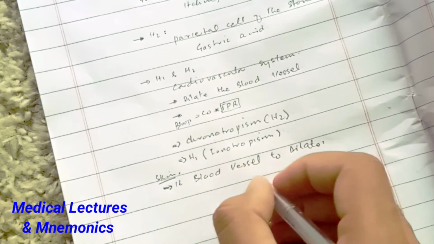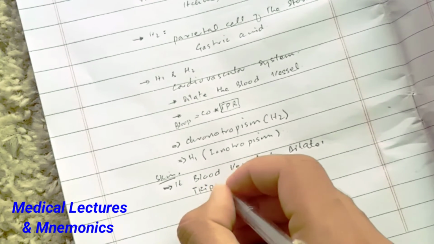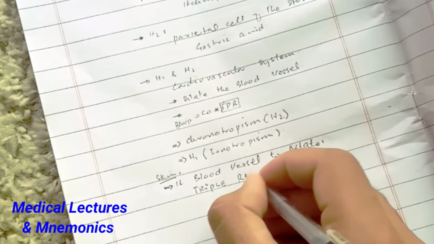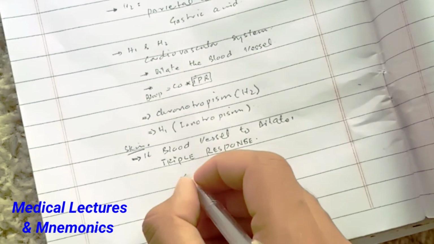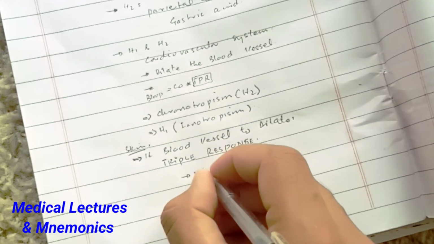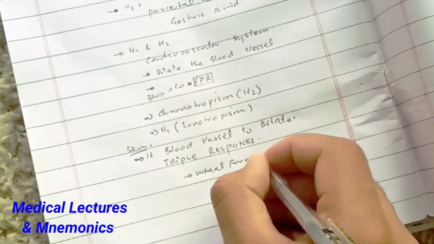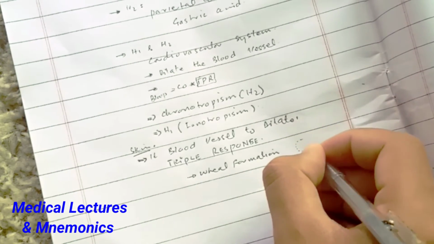And it will produce a special type of response which is called the triple response. Triple response means that it will produce wheal formation, a red area like a wheal.